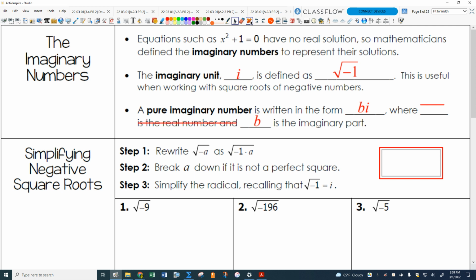Imaginary number is a really unfortunate name for this, because if we're talking about real numbers compared to imaginary numbers, which one sounds more concrete and useful? Yeah, real versus imaginary. It's a terrible choice of a name, because it makes it sound like real numbers are concrete and useful and imaginary numbers are fluffy and made up and don't mean anything, right?